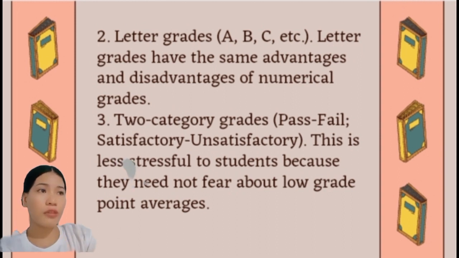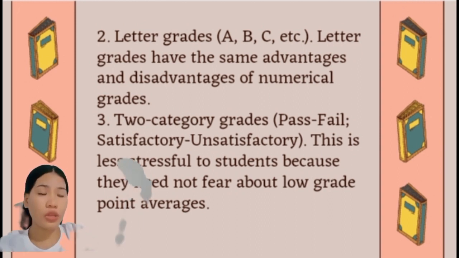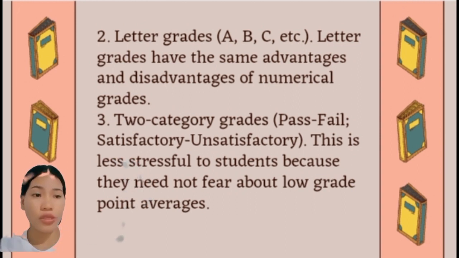Second is letter grades, or the ABC, etc. Letter grades have the same advantages and disadvantages as numerical grades. Letter grades are a commonly used system to evaluate the student's performance in a course or subject. Instead of using numerical values, letters represent the level of achievement.